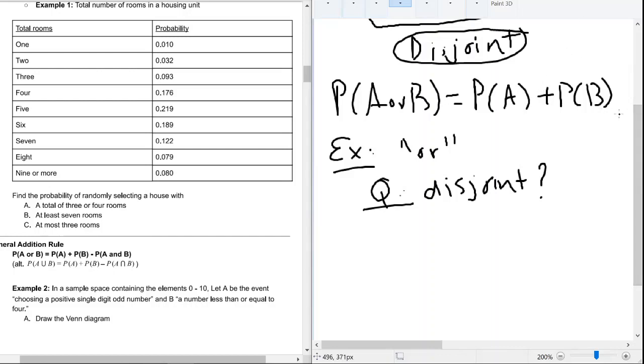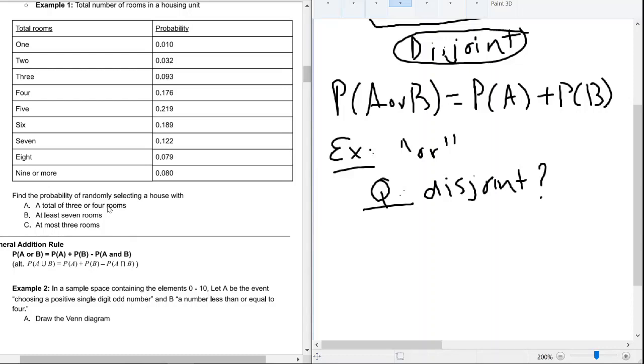So the question is, are the total rooms in a housing unit disjoint? The answer is yes, because if a home has a total of 3 rooms, there's no way it has a total of 4 rooms, okay? So these events are disjoint.